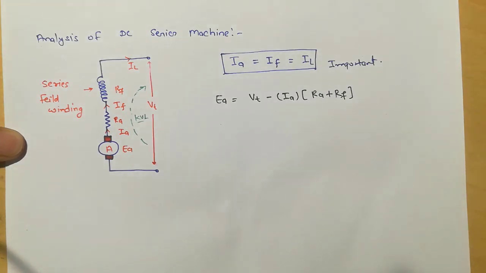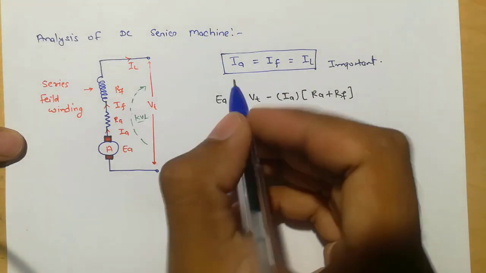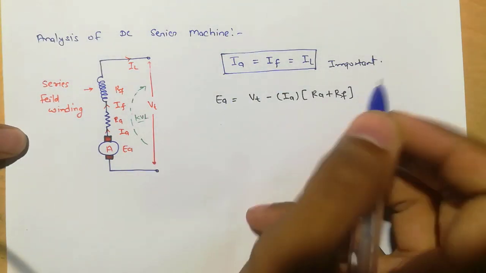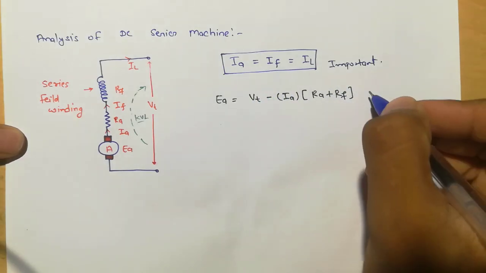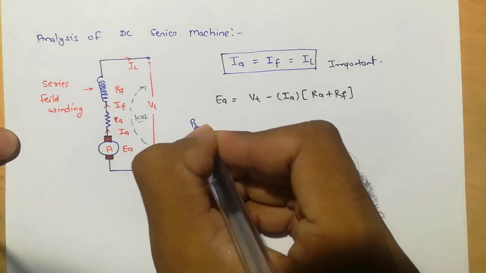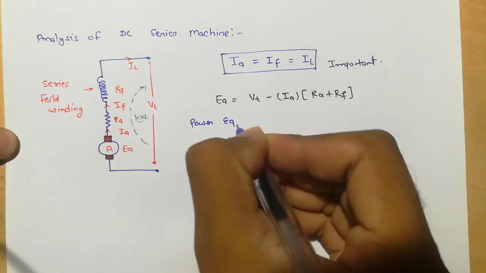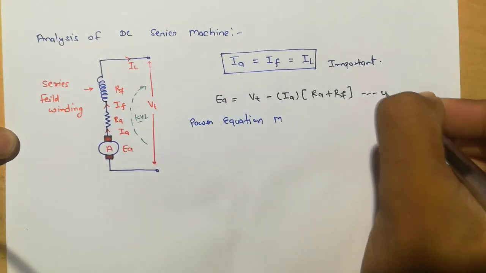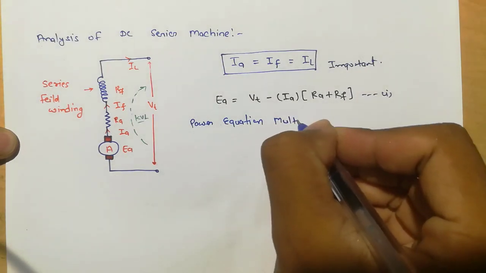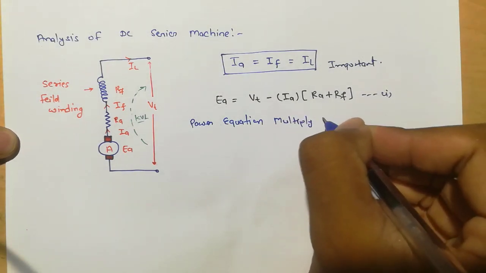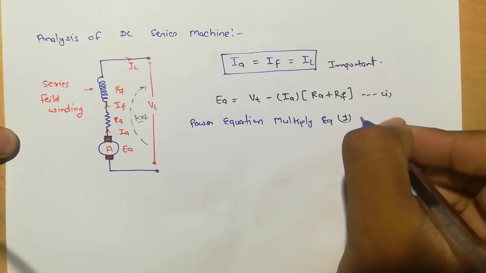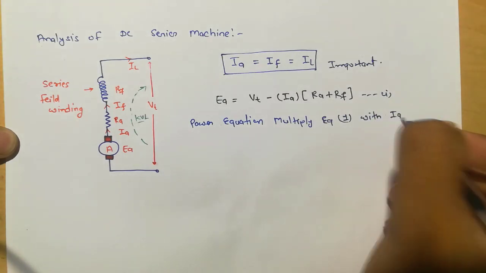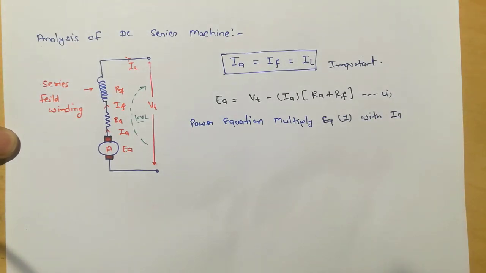Now talking about the power equation, for the power equation we multiply this equation 1 with the armature current Ia on both sides.